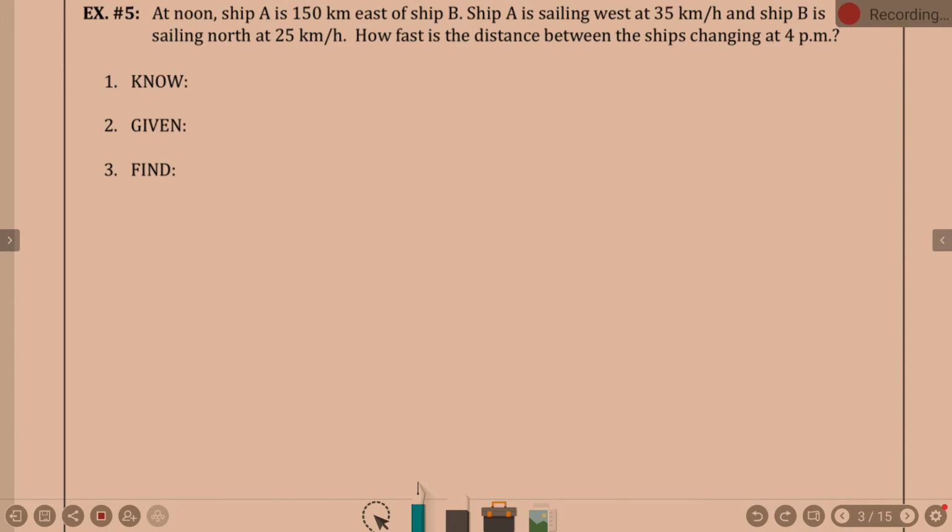So at noon, ship A is 150 kilometers east of ship B. I need my compass for a moment. Okay, there we go. So, ship A is 150 kilometers east of ship B.